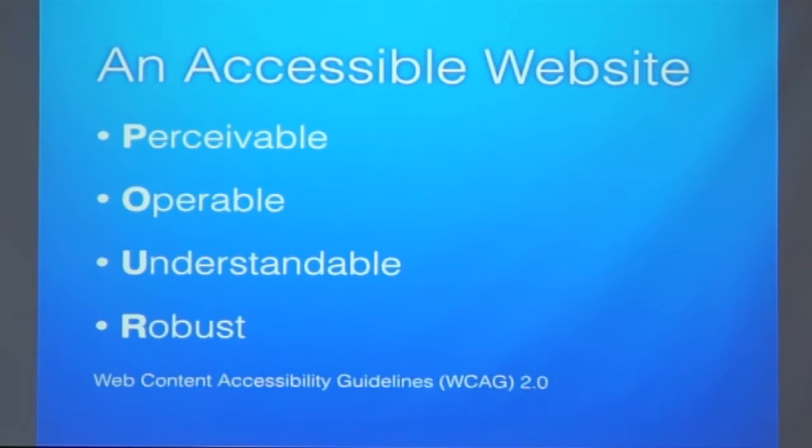Understandable. This could very well be your content. If you're navigating just the links, are all the links "click here" or "view more, view more," or "book now, book now"? And robust, are there enough fallbacks to be able to use the site?